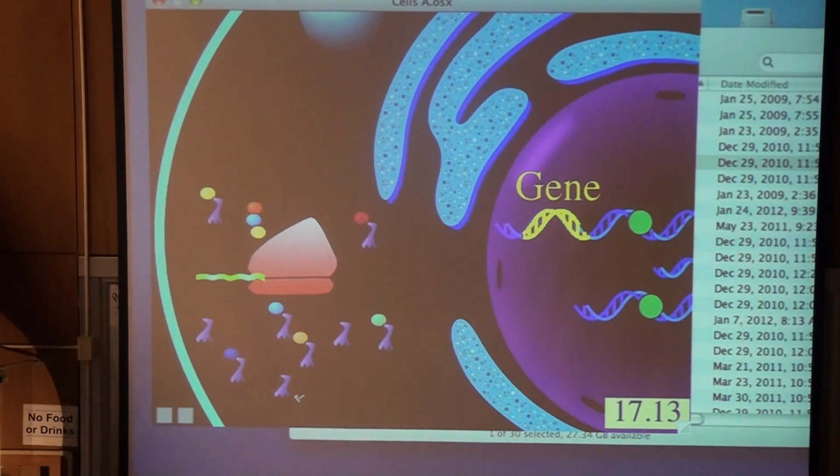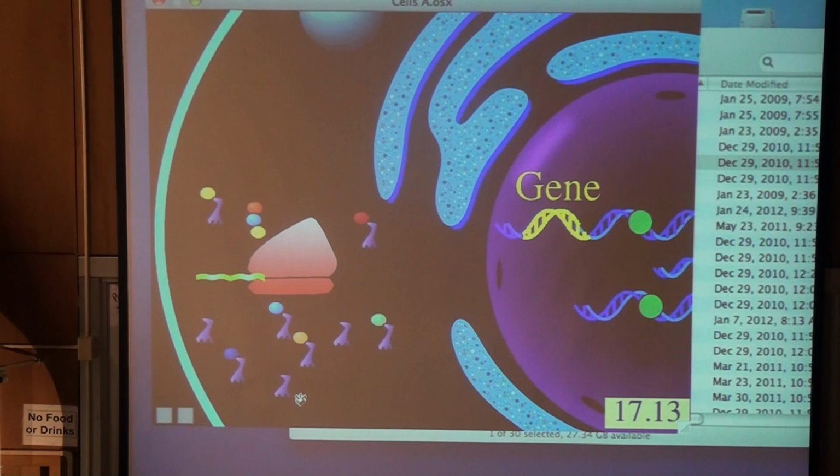Yes? Each tRNA is specific for a certain amino acid? Correct. Right. Each tRNA will only be matched up with the amino acid that it has the anticodon for. What brings the messenger RNA out of the nucleus to the ribosome?